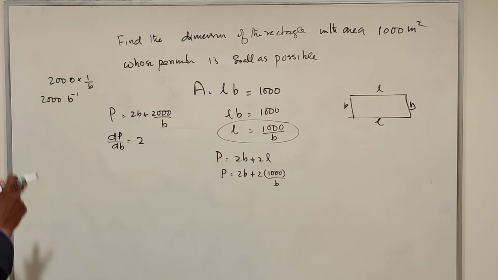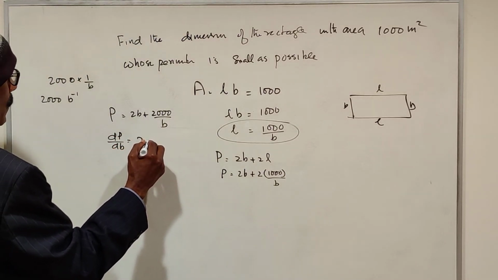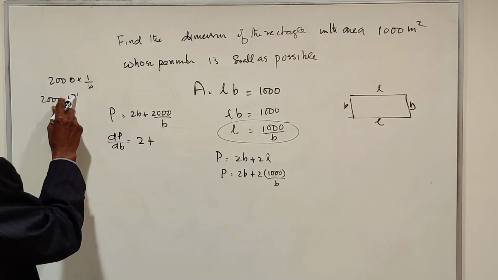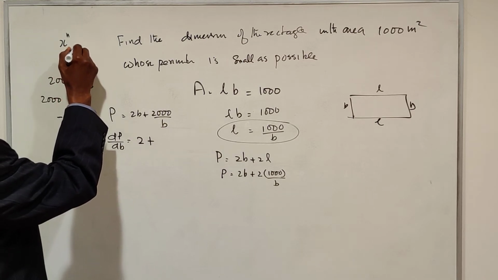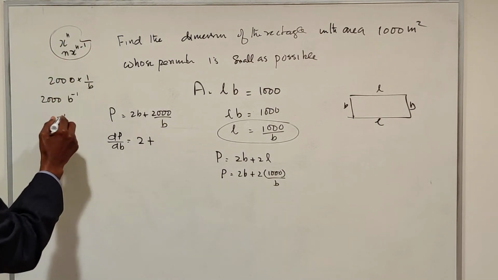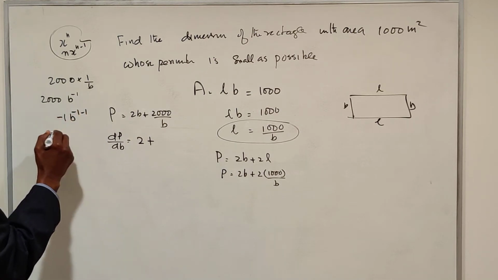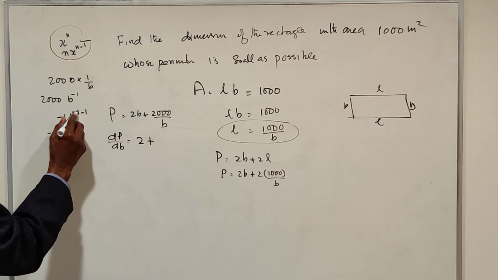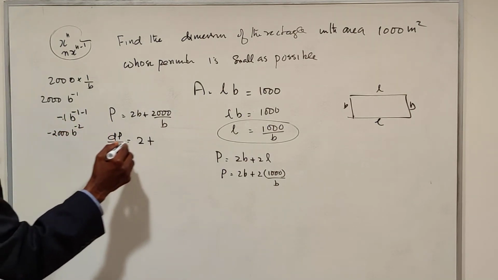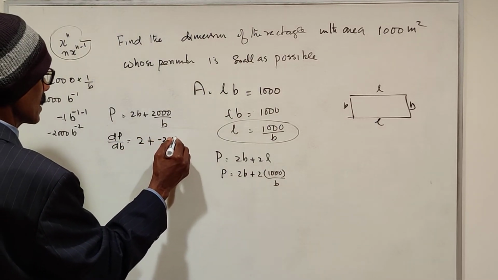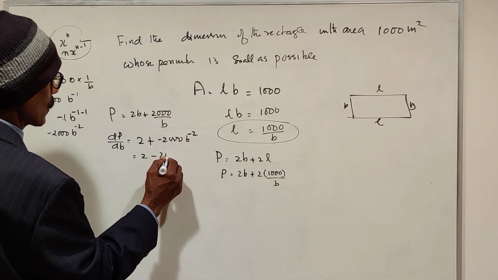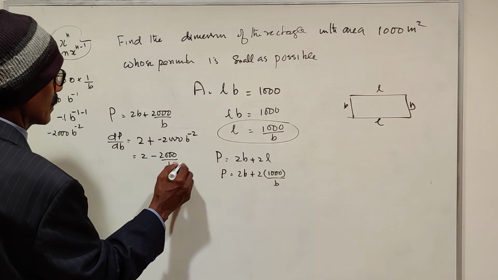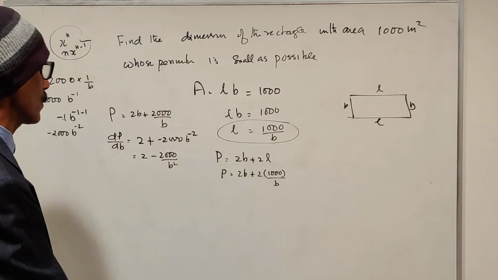The derivative of x raised to n is n x raised to n minus 1, that is the formula. Here minus 1 into 2000 is minus 2000, B raised to minus 2. That is 2 minus 2000 divided by B square.